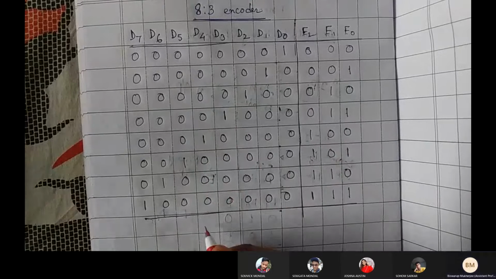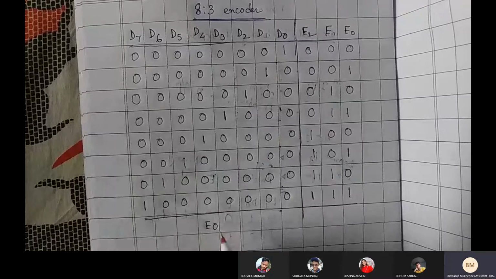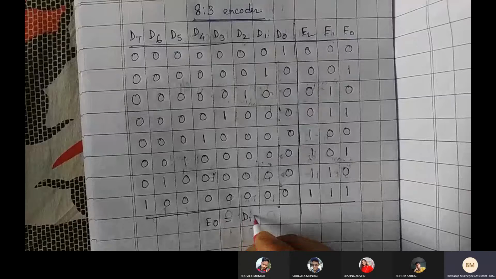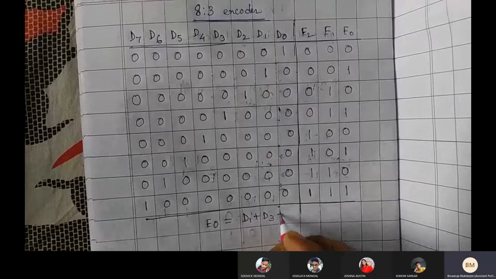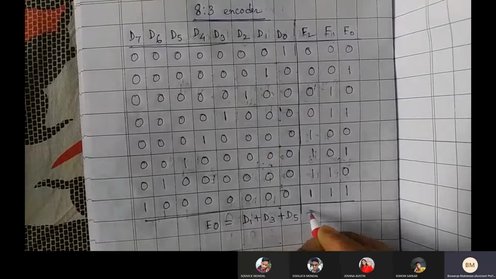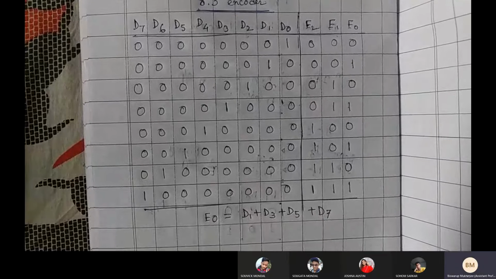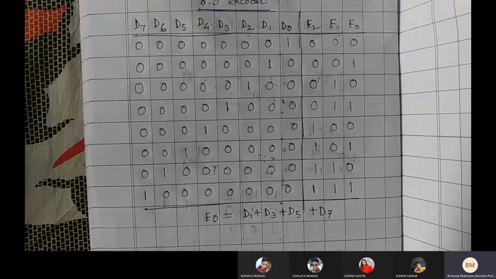So E0 can be written as D1 plus D3 plus D5 plus D7. Okay, so for this case, I'll be having output E0 high.